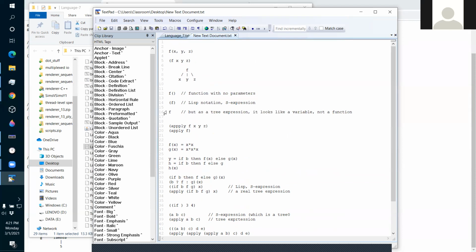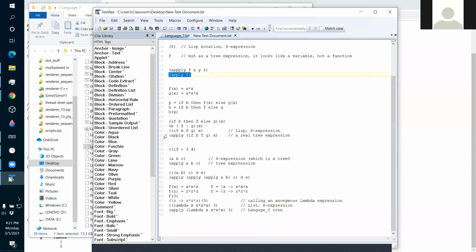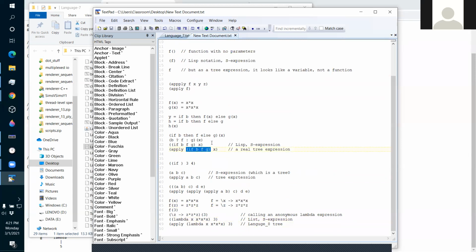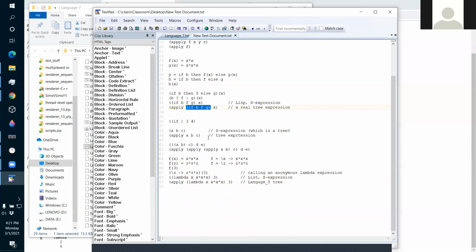It helped with functions of no parameters. It helped with expressions that compute functions. And very deeply, it lets us apply a lambda expression without naming it.